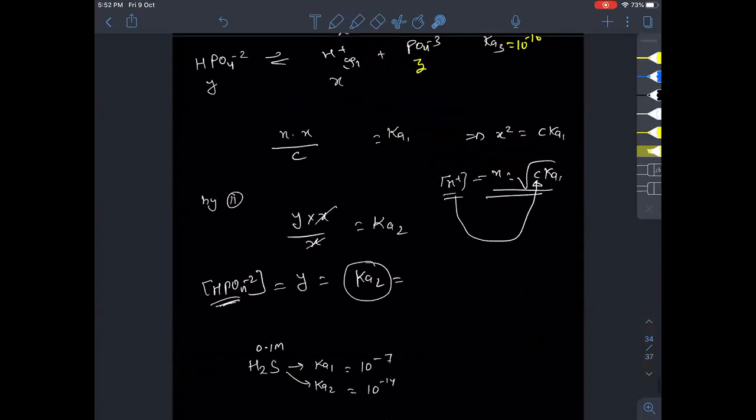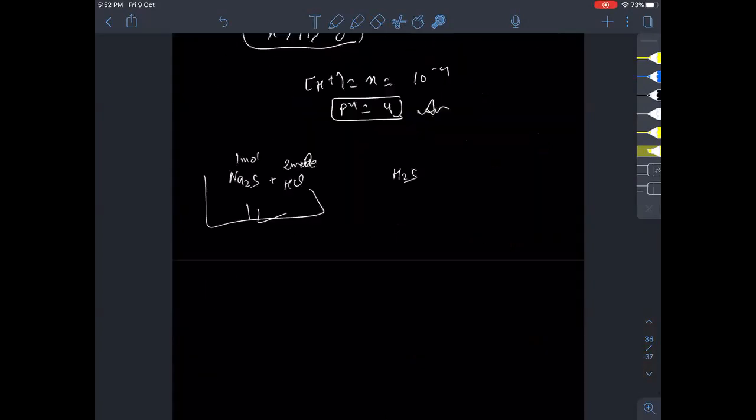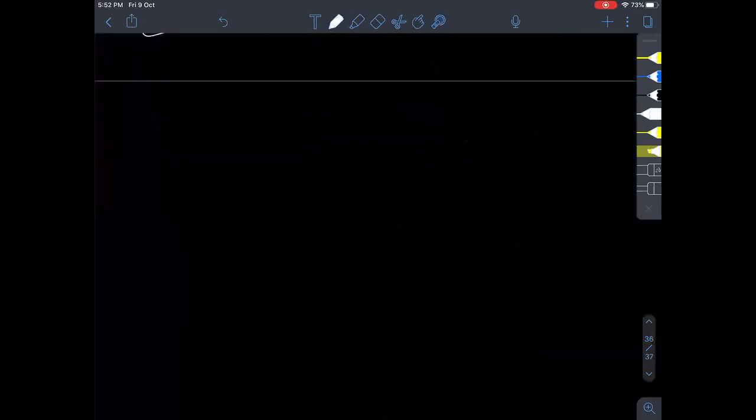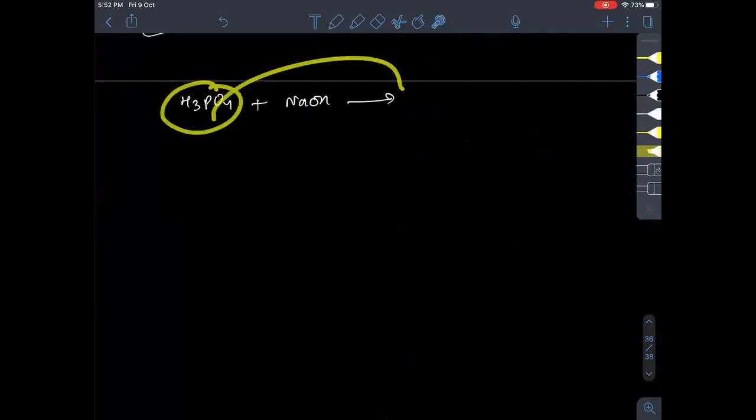Now coming to the hydrolysis of the salt generated after complete neutralization. So I took H3PO4 and treated it with NaOH in such a way that the entire H3PO4 is converted into Na3PO4. How will it be possible?